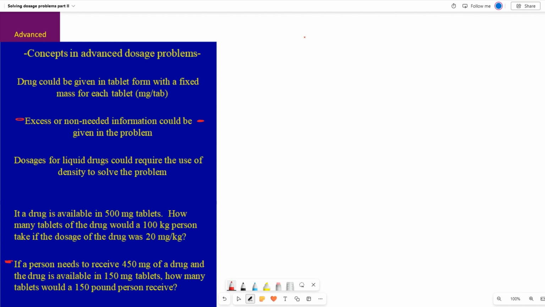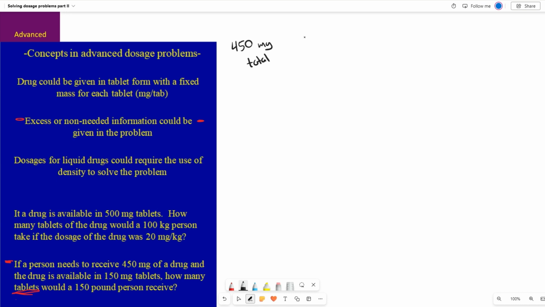So this one says, if a person needs to receive 450 milligrams of a drug, and the drug is available in 150 milligram tablets, how many tablets would a 150-pound person receive? Okay, so the final answer is going to be tablets. So we're looking for tablets. So what information are we being given? He needs to receive 450 milligrams total.